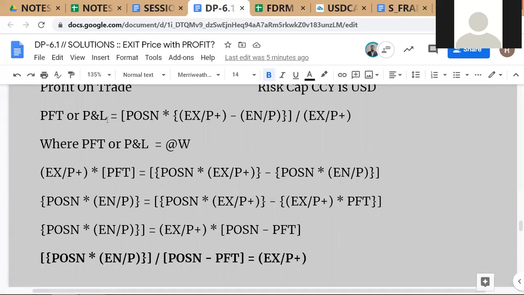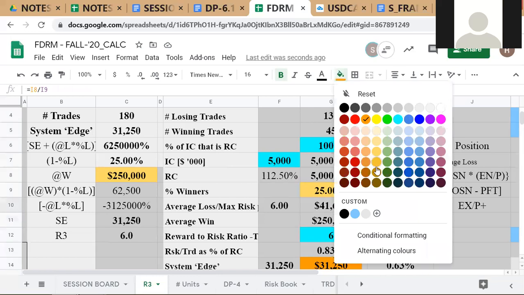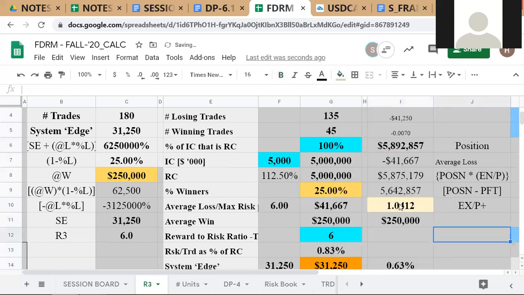P&L, position times exit minus entry divided by exit. I'm using that formula to cross check. If I exit at this price, maybe I should not put such a deep orange on it. Maybe I should put a lighter orange.